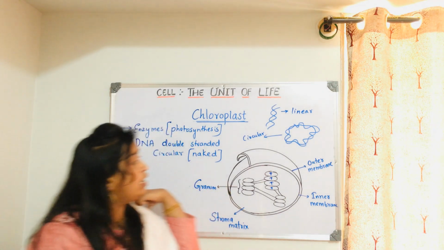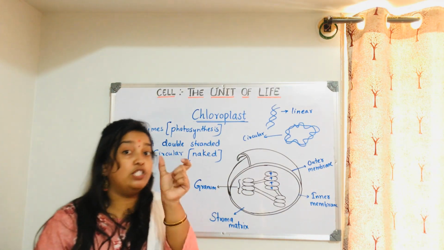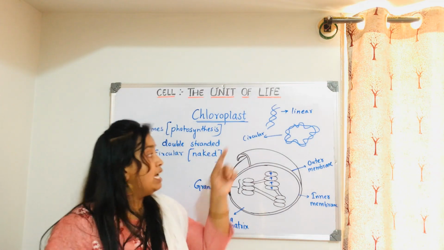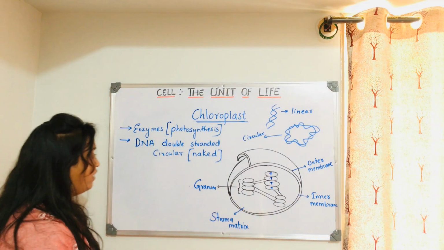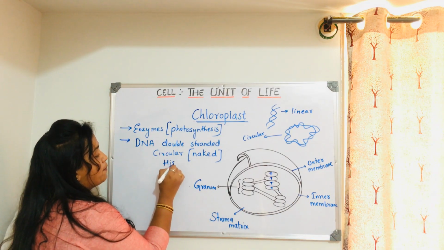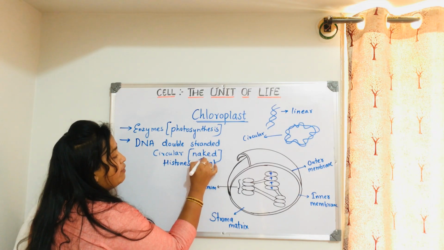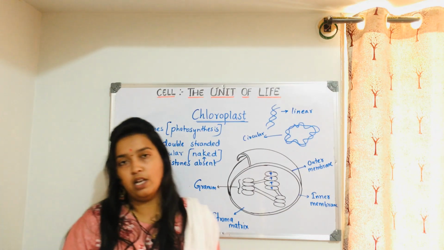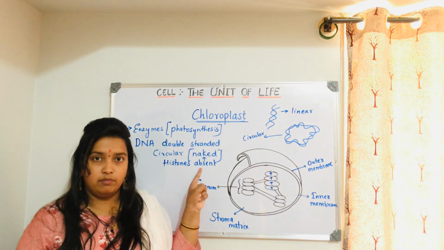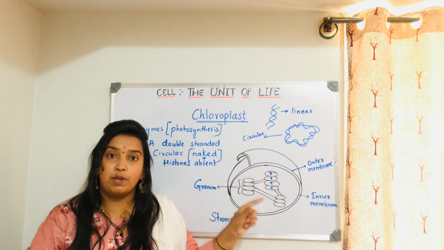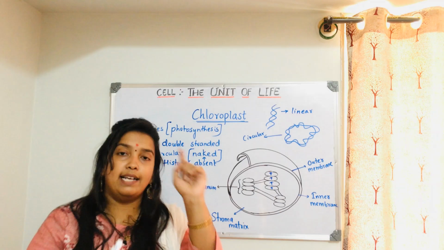Anyways, I'll tell you because I can't wait. Those are histones, and those histones are absent. That is why we call it naked DNA, because they don't have histones. Is it clear? This is a NEET question again. They will be asking what kind of DNA is present. So the DNA is double stranded circular DNA without histones, so we call it naked DNA.